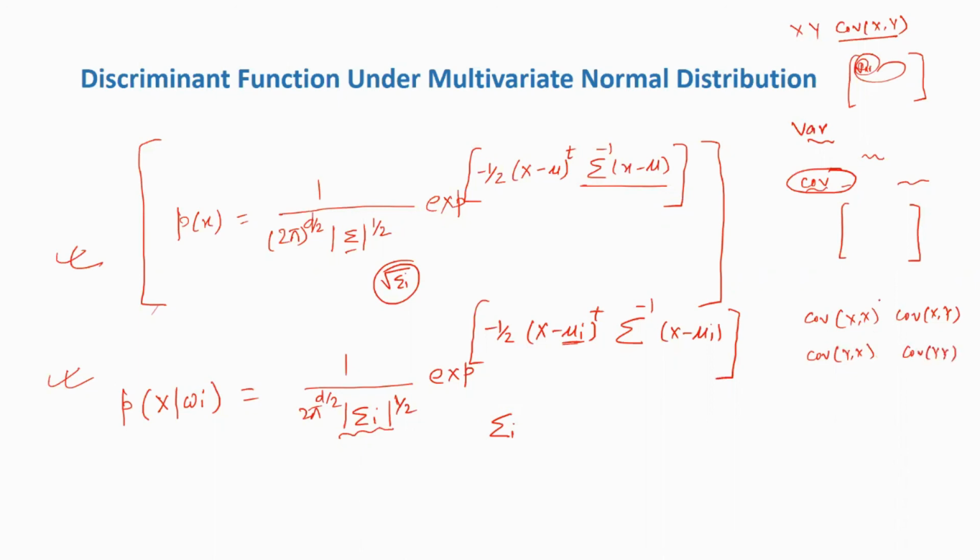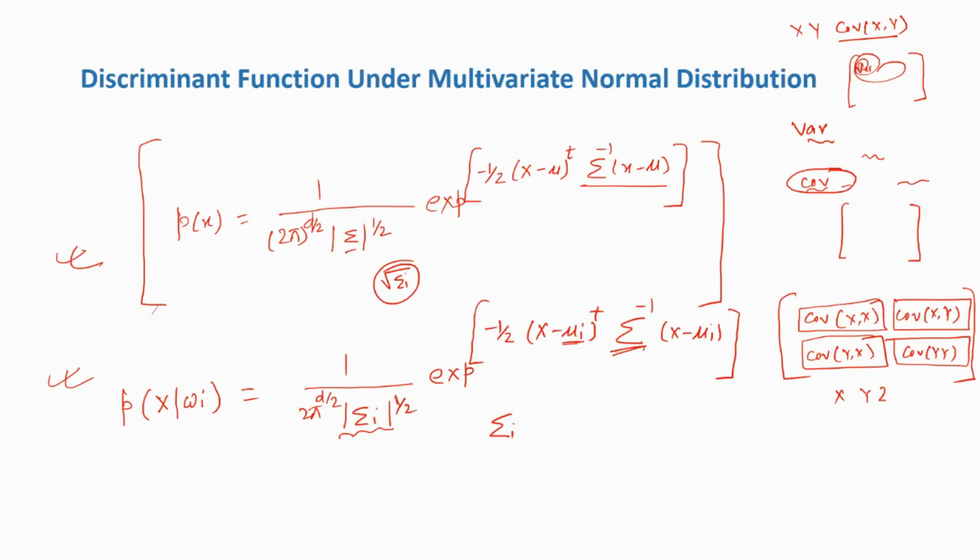The covariance of x and x is nothing but the variance of x, and the covariance of yy is nothing but the variance of y. You have to find the covariance of x and y, and of y and x, and we put them all into the form of a matrix. Similarly, if you have to find the covariance of x, y, and z, it will be a 3 cross 3 matrix, correct?